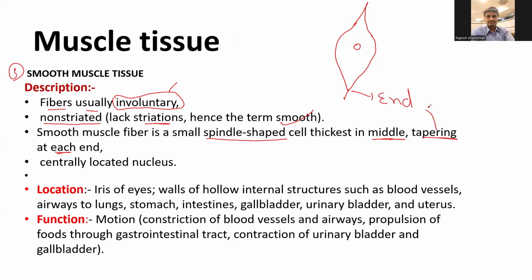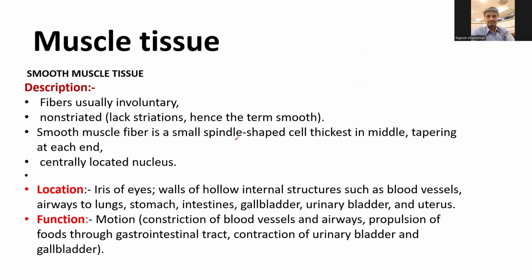The ends are tapered, and in the middle they are thickest. The nucleus is centrally located. So this is the structure. It looks like a boat shape, spindle shape. Clear?